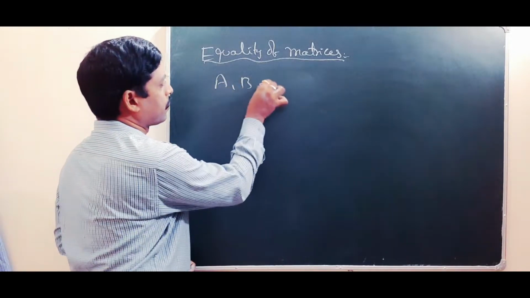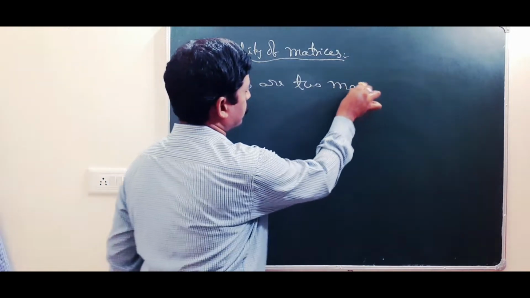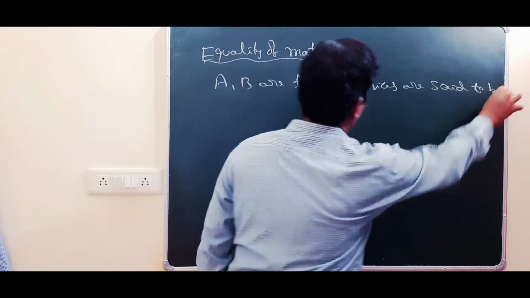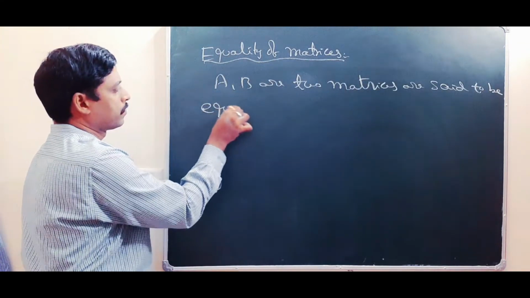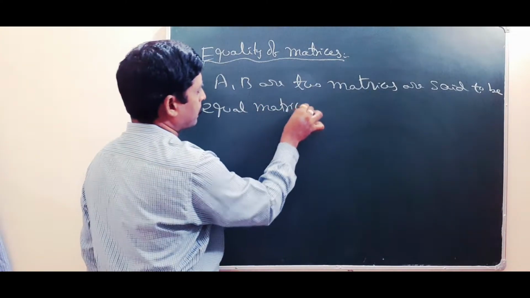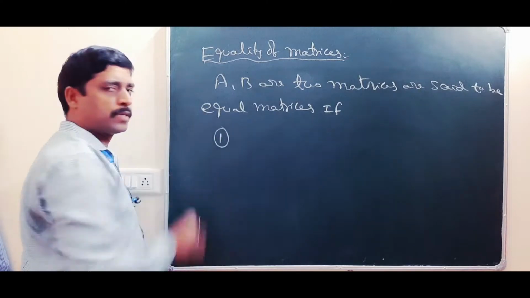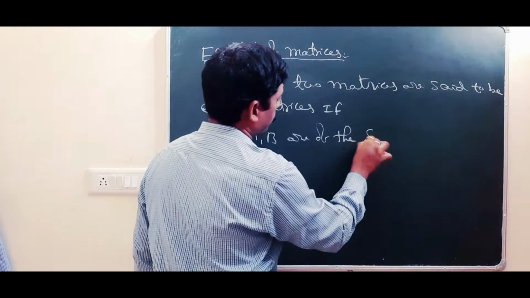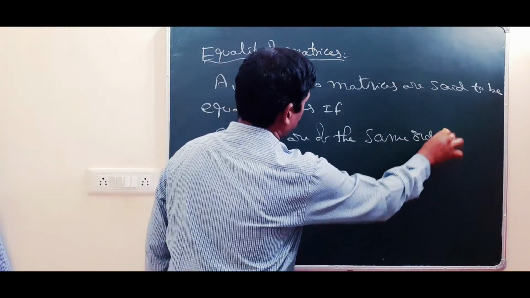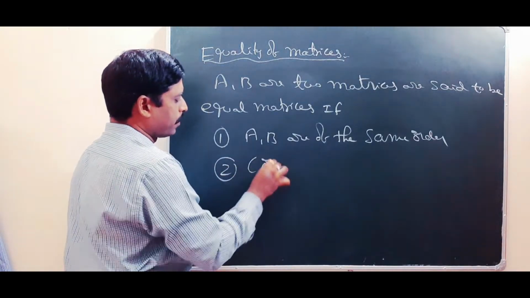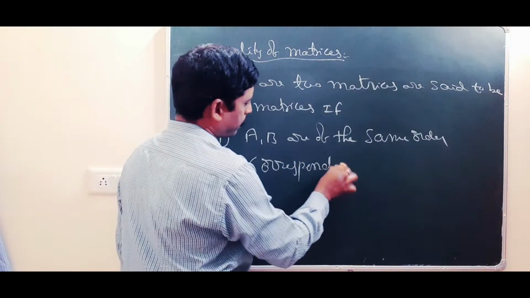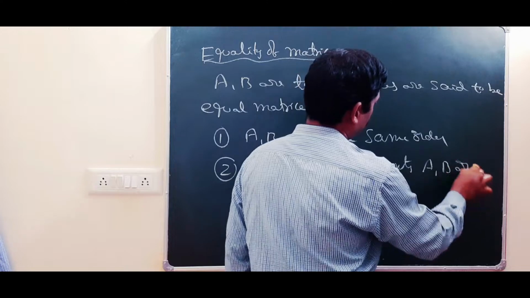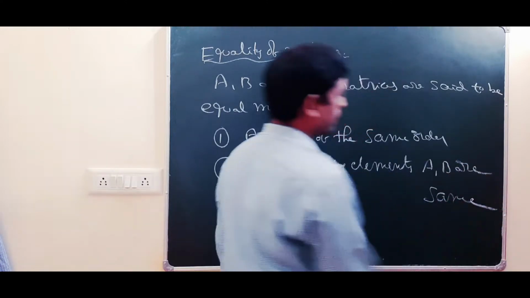A and B, two matrices, are said to be equal matrices if, first point, A and B are of the same order, and second point, corresponding elements of A and B are same or equal.